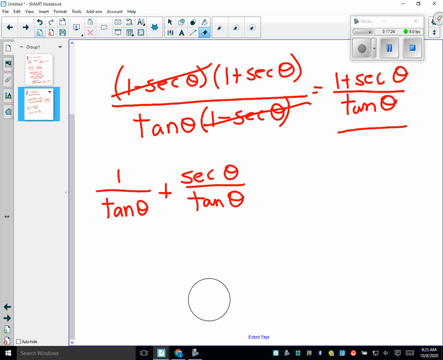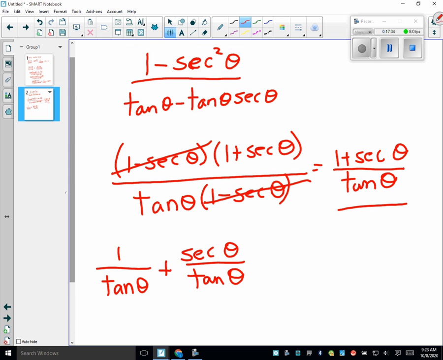I still don't really understand how did you get 1 minus secant in the denominator there? Because I went to this right here and I factored out a tan. Tan divided by tan is 1. Tan secant divided by tan is secant.